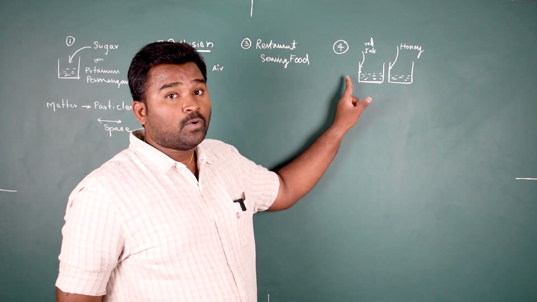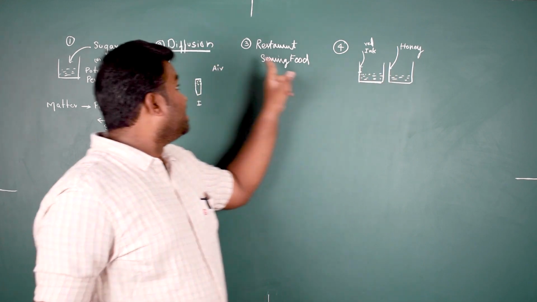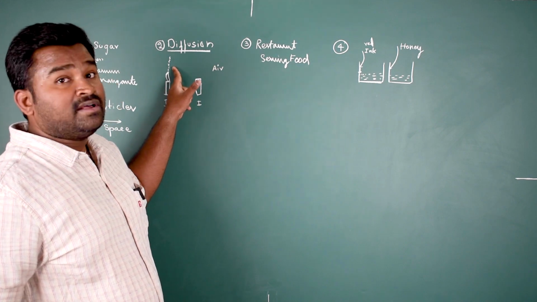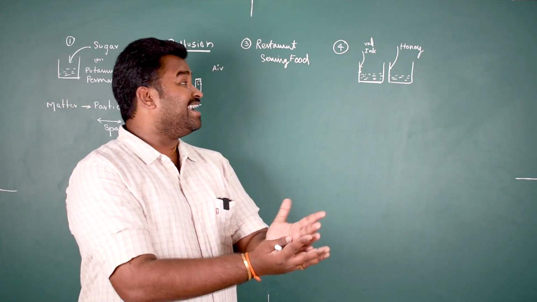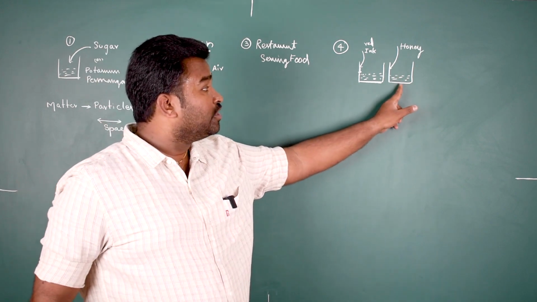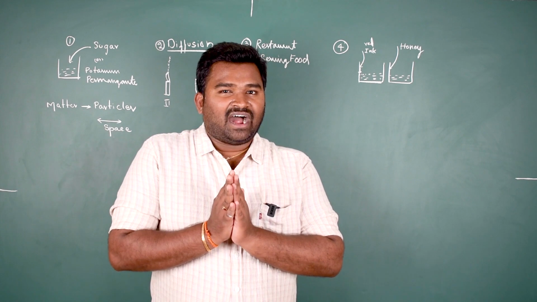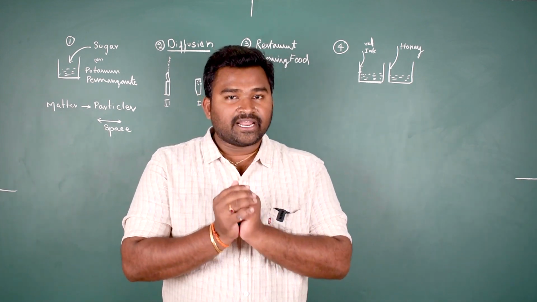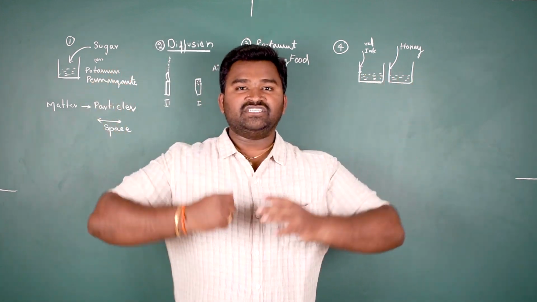Here we are talking about the particles of ink diffusing into water. Earlier we spoke about the particles of the volatile perfume diffusing into the air. Here honey is diffusing into this water. But before we go forward, we have understood that kinetic energy is something which determines the diffusion of those particles into the medium in which they are present.